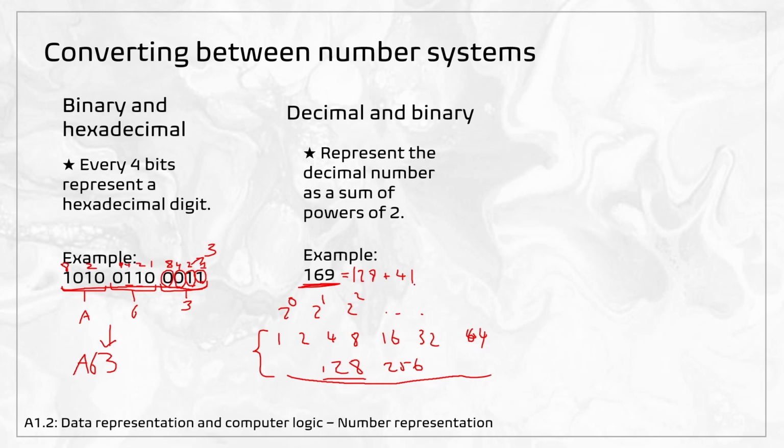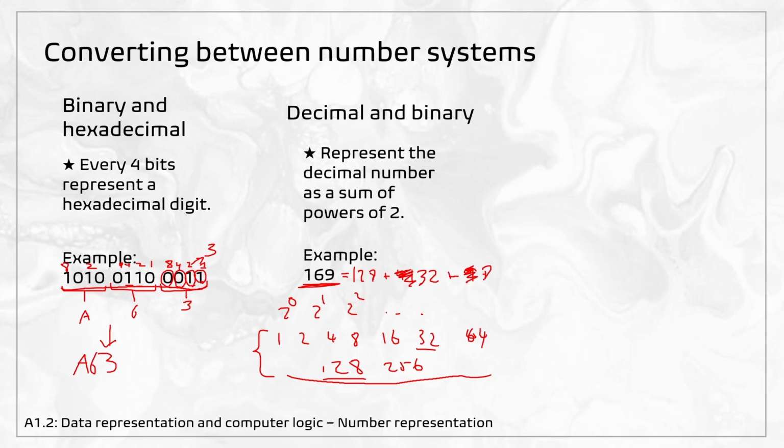Now 41 can be decomposed again. What can 41 be represented as right here? We have 32 because 64 is too big. So instead of writing 41 here, we can write plus 32 plus 9 because 32 plus 9 is 41. Again, this 9 can be broken down into 8 plus 1.